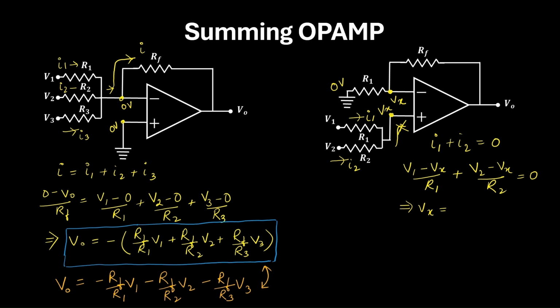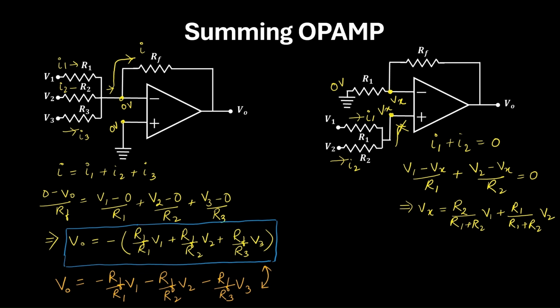You can pause the video and do the calculation. So I'm writing the final expression here. Vx will be equal to R2 by (R1 plus R2) into V1 plus R1 divided by (R1 plus R2) into V2.